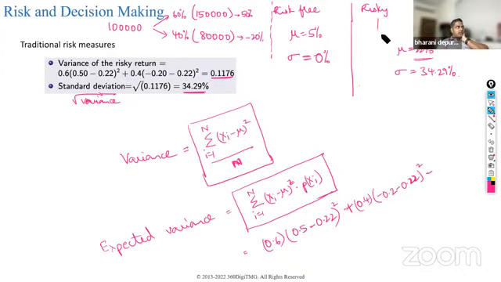But for a risky asset, you have the values. Okay, let me erase it and write it down properly. Mu is 22%.